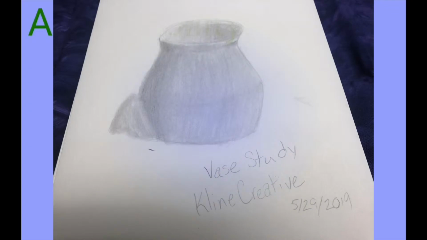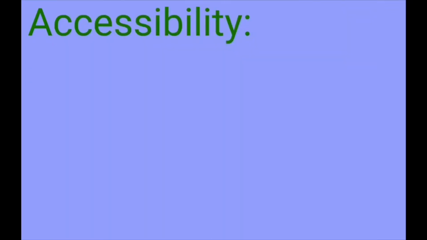All right, so we're going to start grading for this. The grades are broken down into accessibility, range, and simplicity, and then there will be an overall grade for the resource. Up first is accessibility.